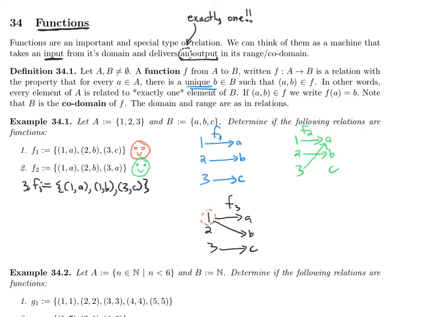The number of things that 1 is related to is 2. So right there, we can stop. We can just say, not a function. No good. But just for elucidation purposes, let's keep going. 3 in some sense is okay. 3 is related to exactly one thing. 2 here, 2 is related to 0 things. So this fails as well.